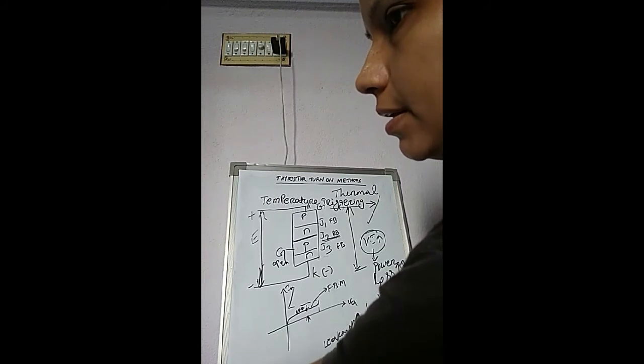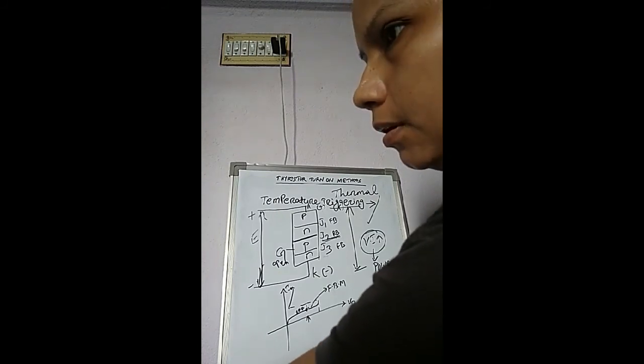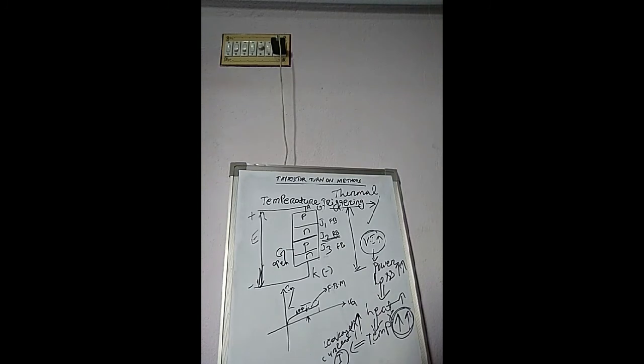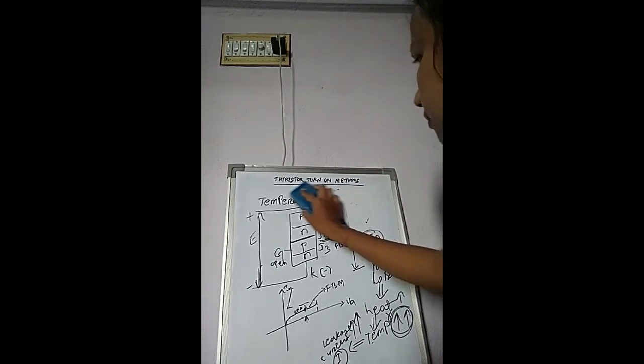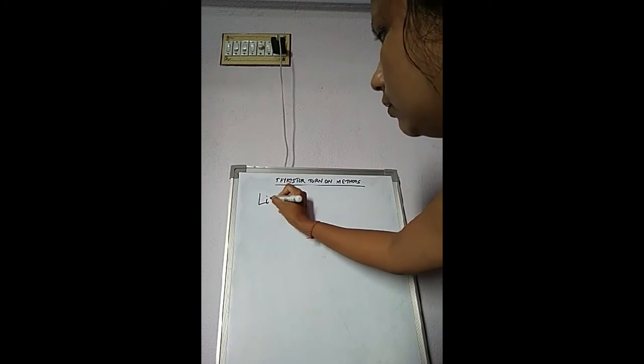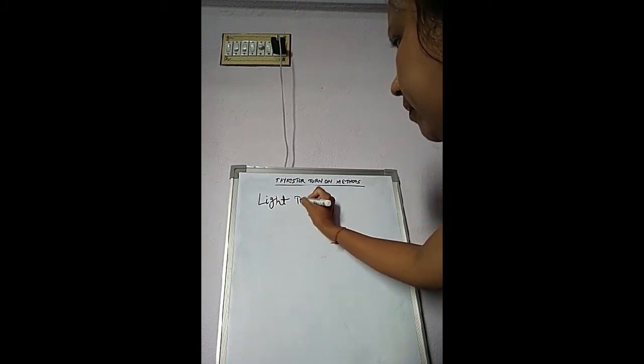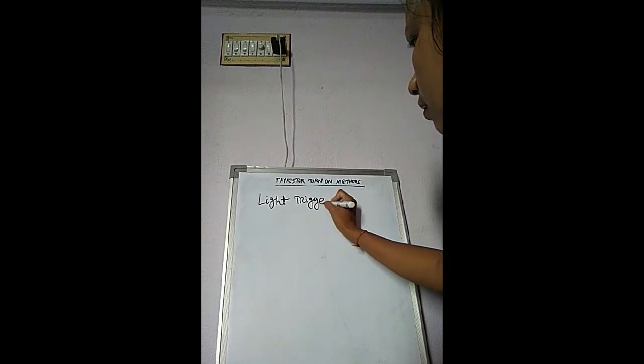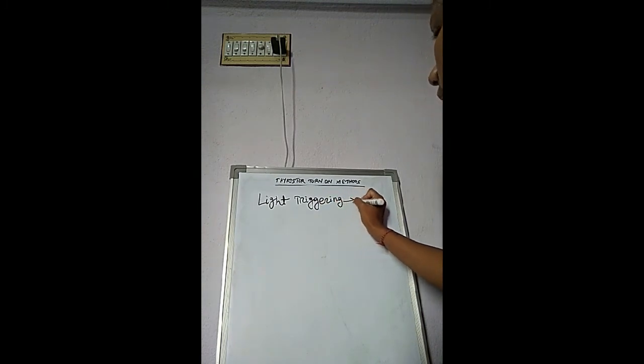So the next part is light triggering. What happens in light triggering? For a light triggered SCR, a recess or niche is made in the inner P layer.